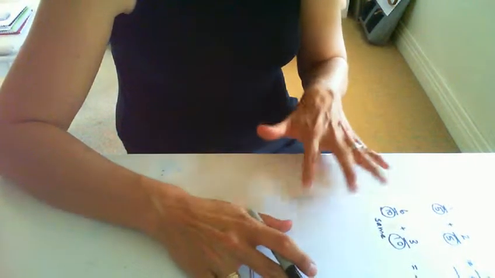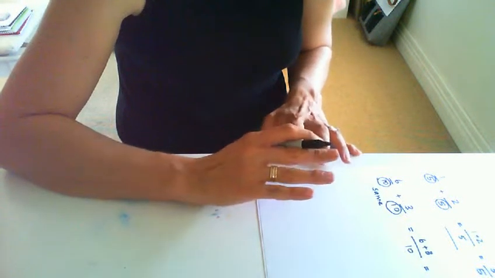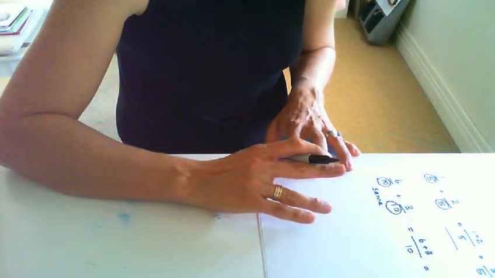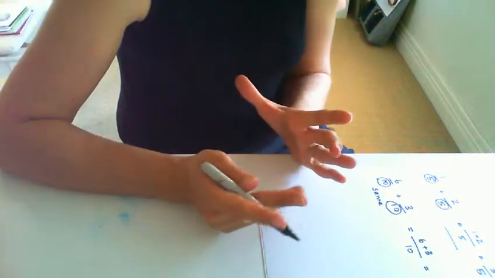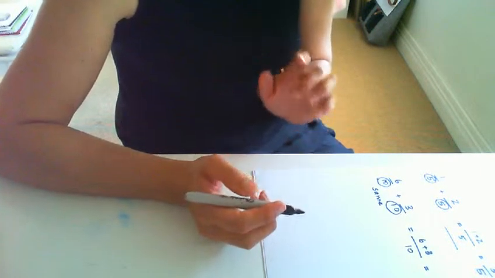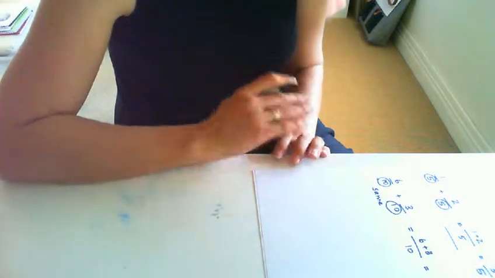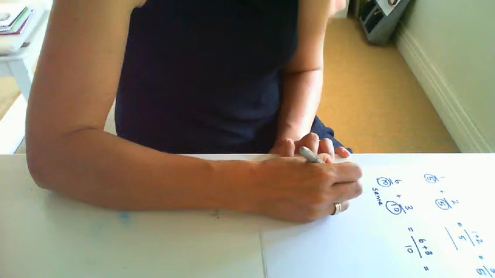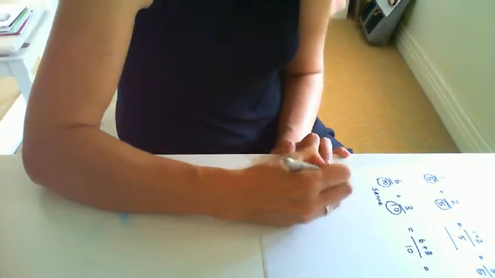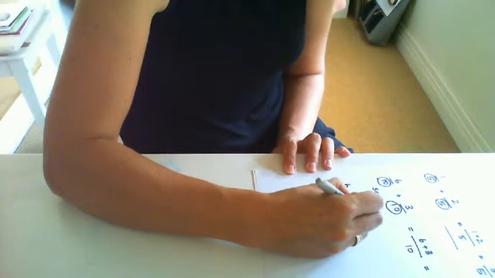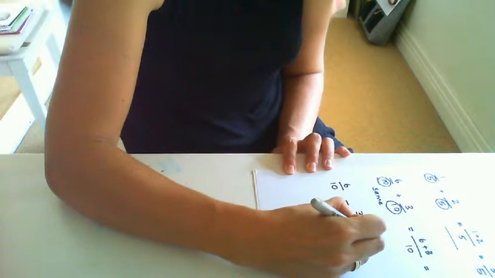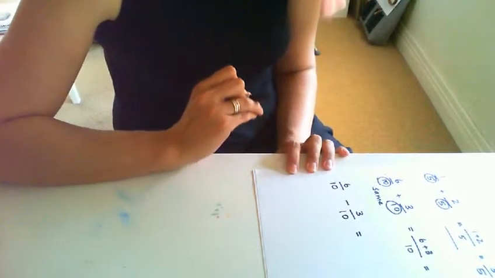Now we've done addition of same denominator fractions. This time I'm going to show you what if we subtract. So I'd like to use the same one we've just used, but make it a subtraction. 6/10 take away or minus 3/10 is okay.